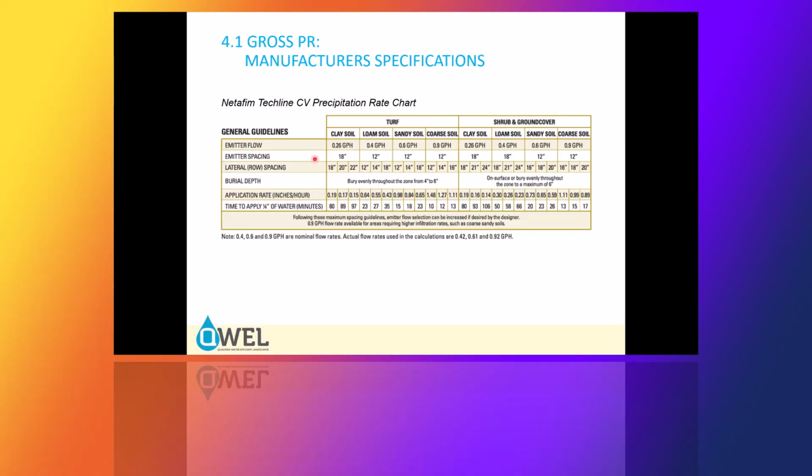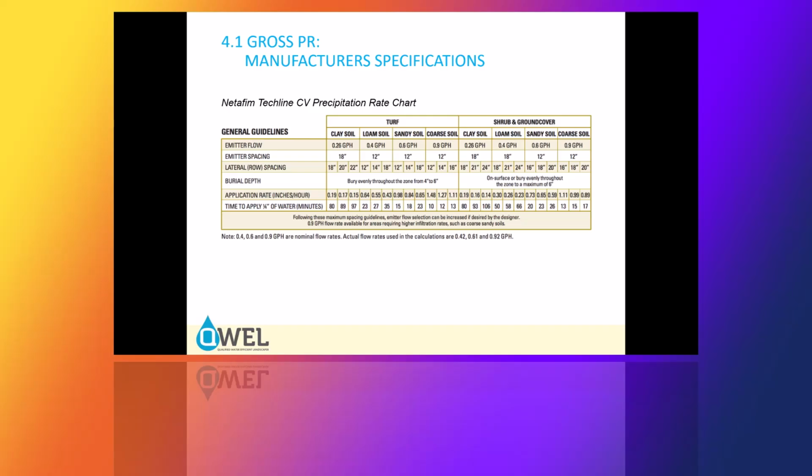Again, we have a grid system. So a spacing between emitters of 18 inches, 12 inches, 12, 12, 12. Here's 18, 18, 12, 12. Then lateral row spacing. Remember, this is a grid system, so from one row to the next can be 18 inches, 20, 22, or as little as 12, 14, 18. The precipitation rate does vary based upon all these things.